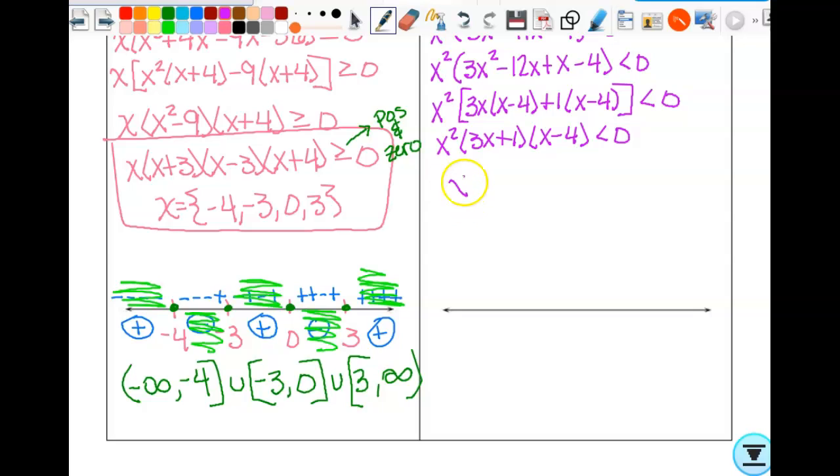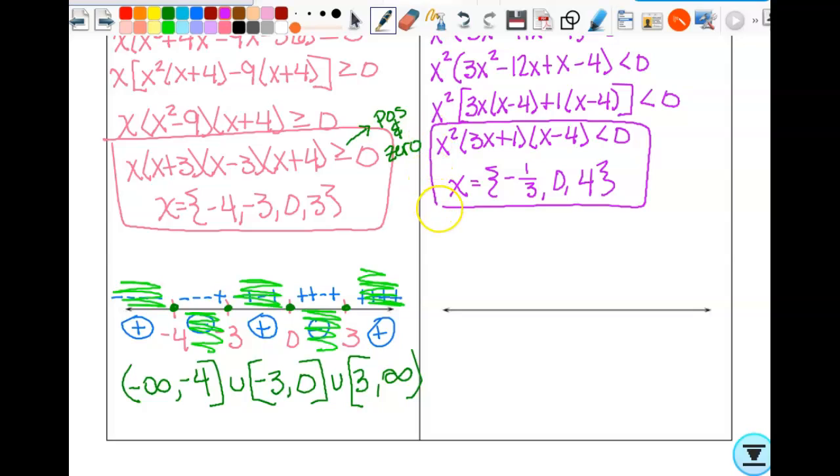Find my zeros. My smallest one is going to be negative 1/3, then 0, then 4. So those are the pieces that I need right there. This says less than 0, which means I need to know when it is negative, right?